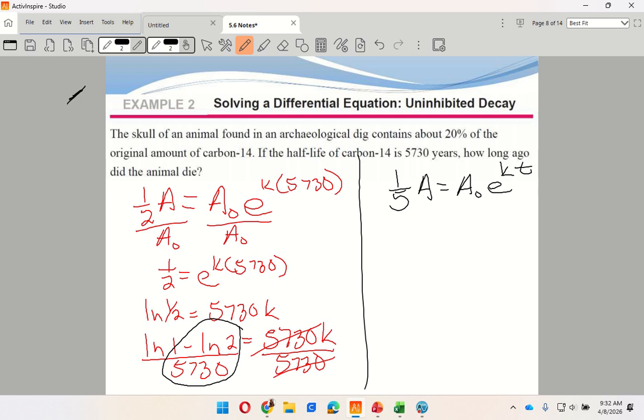All right, so divide both sides by A sub naught. So I should get 1/5 is equal to e^(kt). Yep, ln 1/5. And then what do we know about that ln 1/5? ln 1 minus ln 5 is equal to kt.